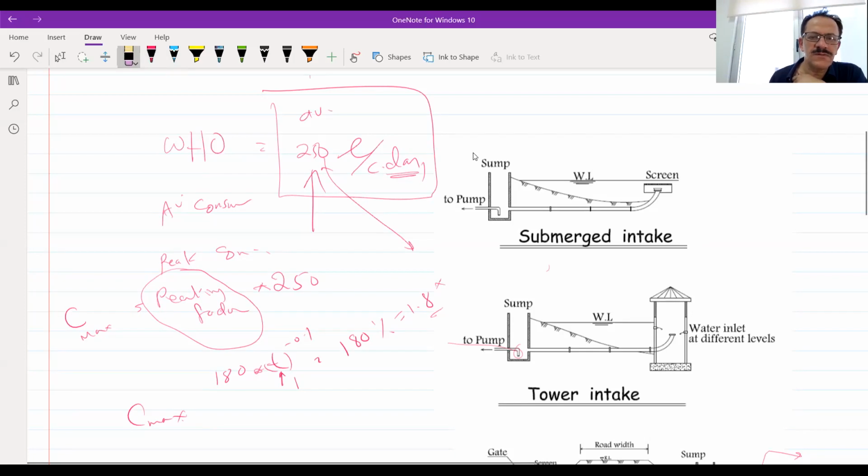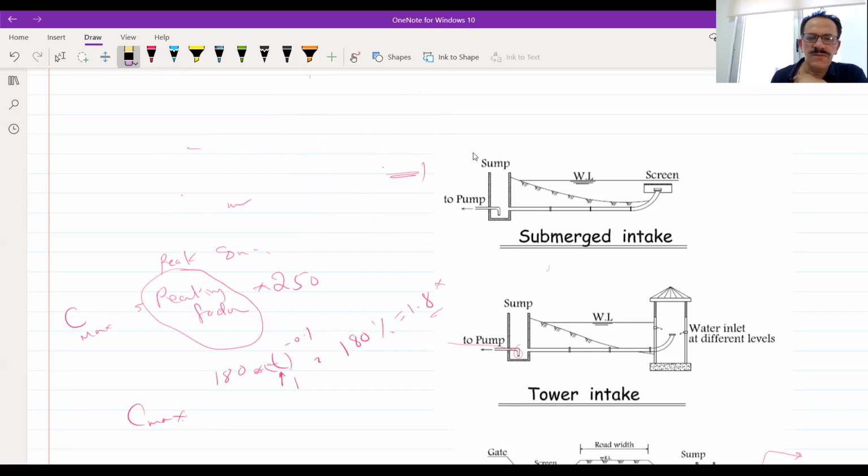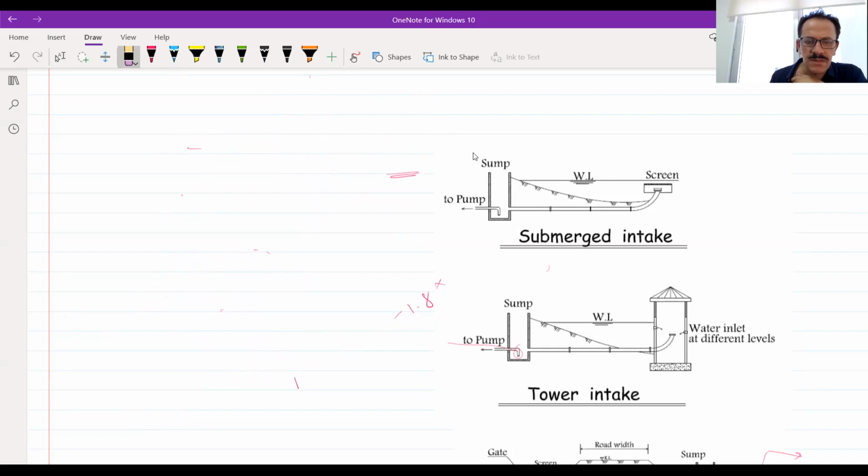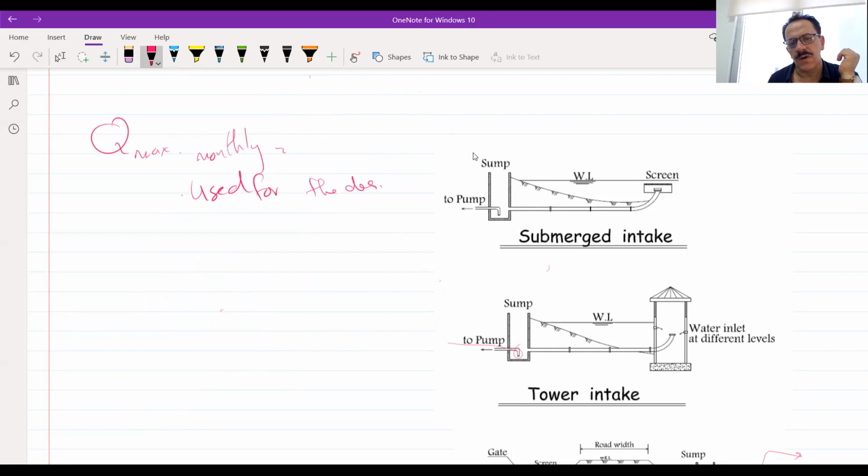Now, in our design for this sum, we have to focus on the maximum flow rate, and which maximum should I use? I should use Q maximum monthly. Q maximum monthly will be used for the design of intakes.